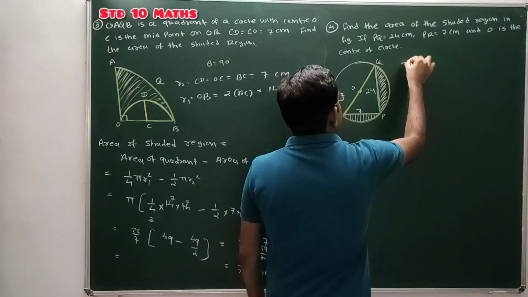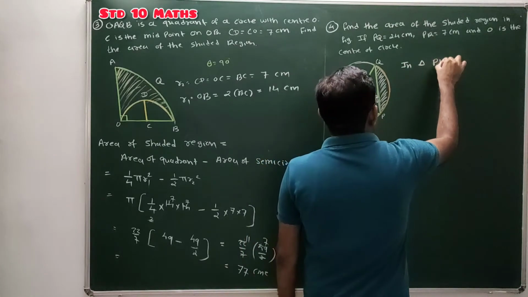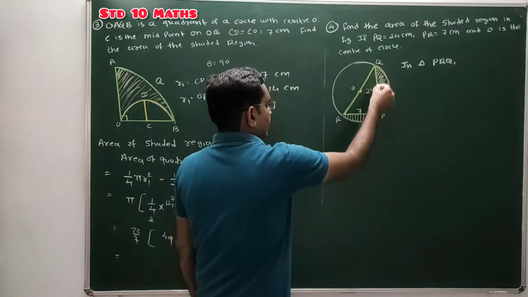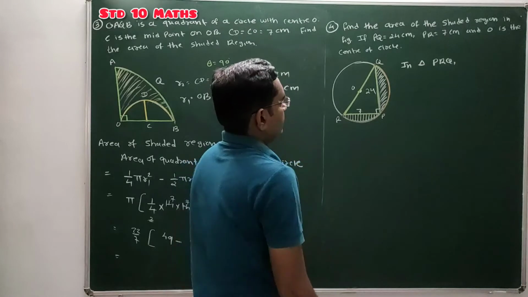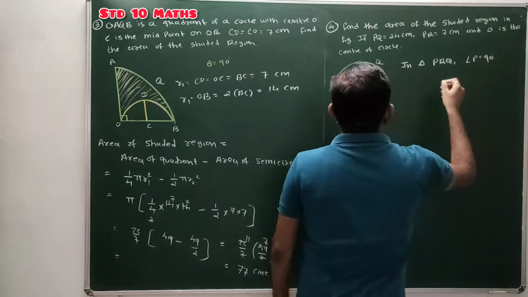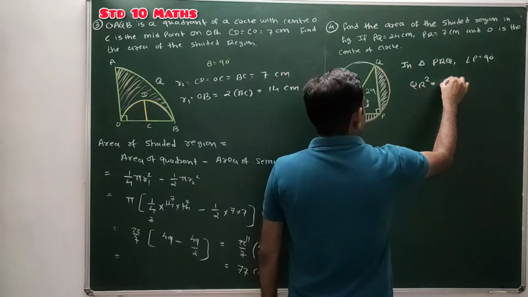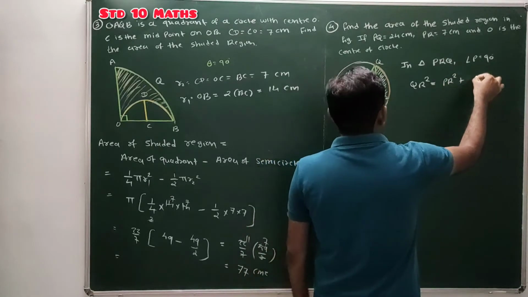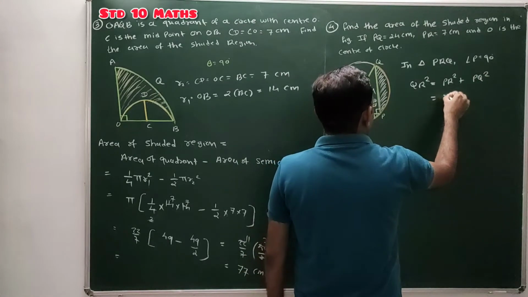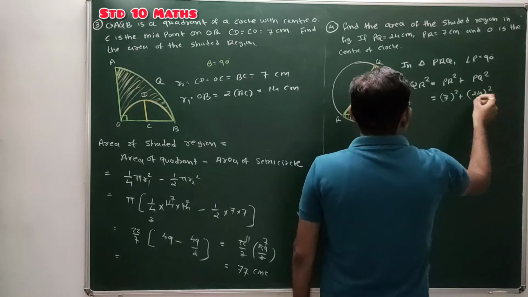So in right angle triangle PRQ, this is the angle subtended in semicircle, so this one is a right angle. Angle P is 90 degree, and therefore QR square, square of hypotenuse, equal to PR square plus PQ square. PR square is 7 square plus PQ square 24 square.